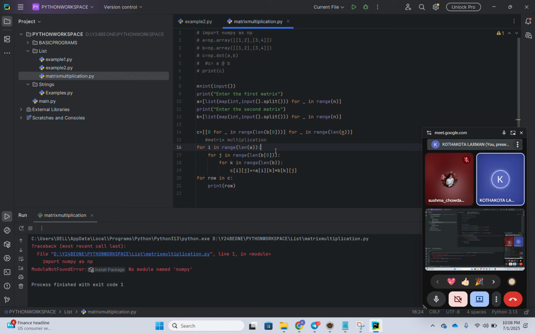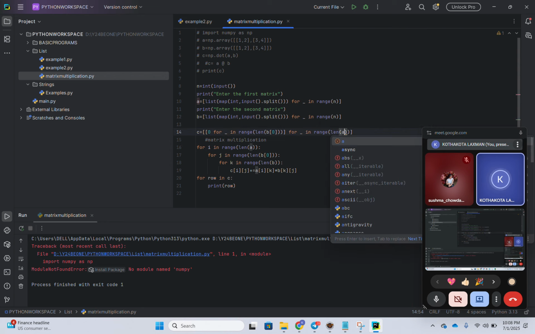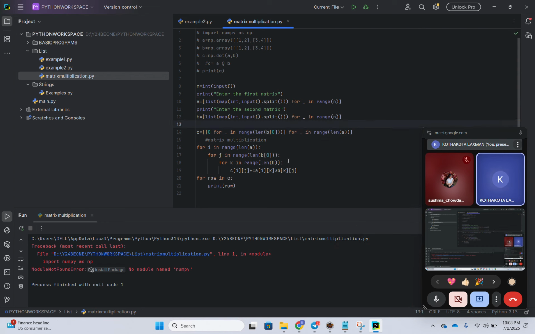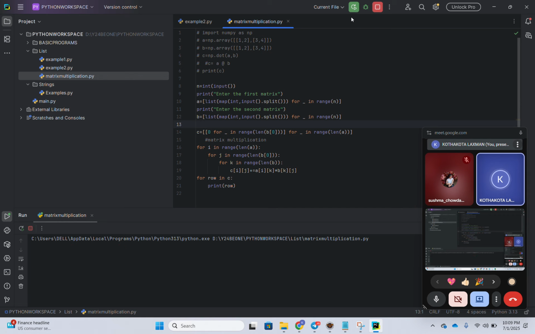I said take the length of A, better to take that only. Is it showing any warning? So I'm just running the code.